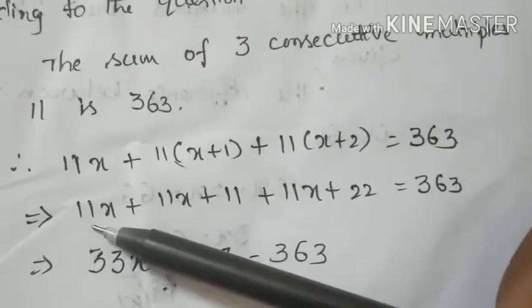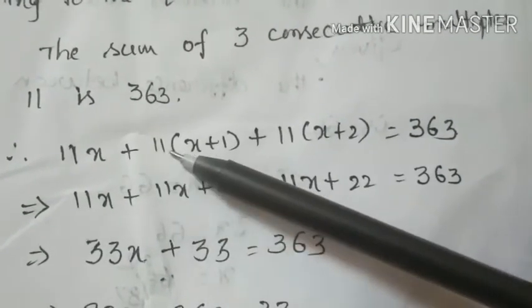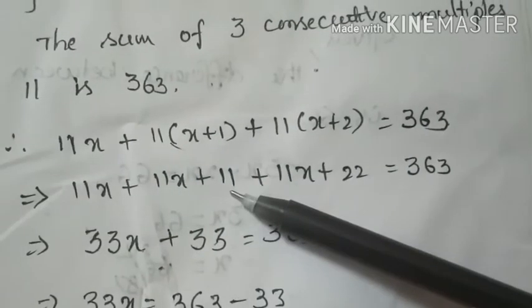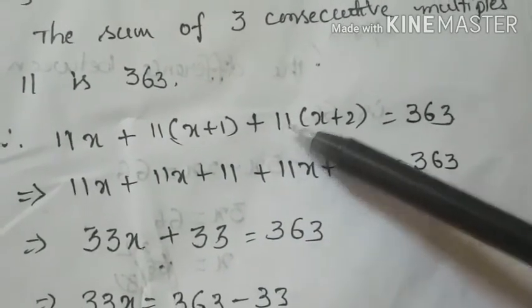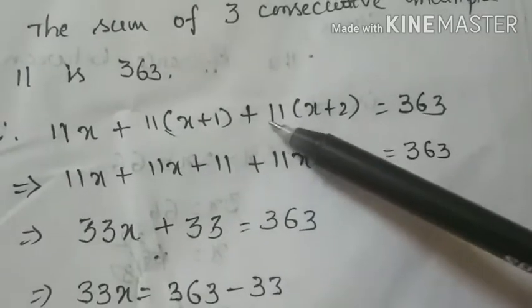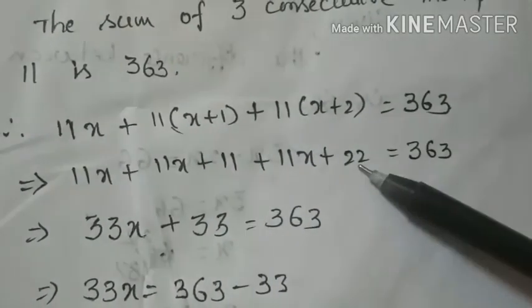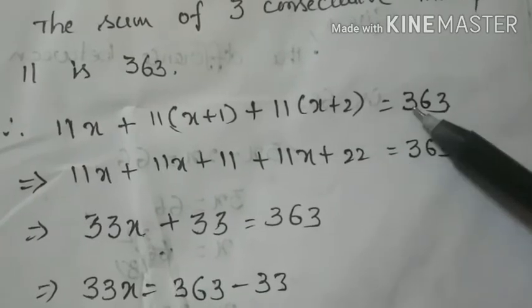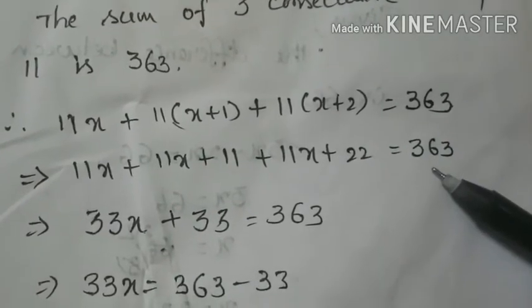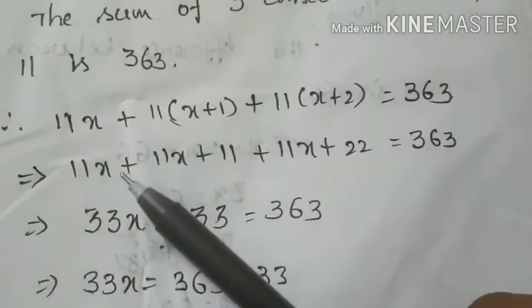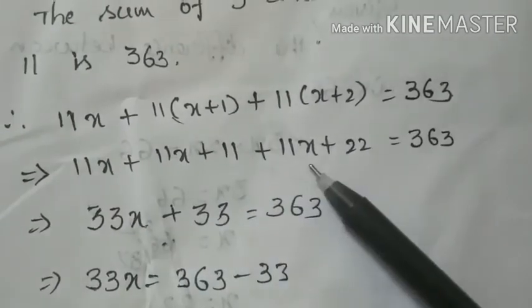Here 11 into x is 11x, plus 11 into x is 11x, plus 11 into 1, 11 ones are 11, plus 11 into x is 11x, plus 11 into 2 is 22, is equal to 363. Next, how many x's do we have here? 1, 2, 3 places.